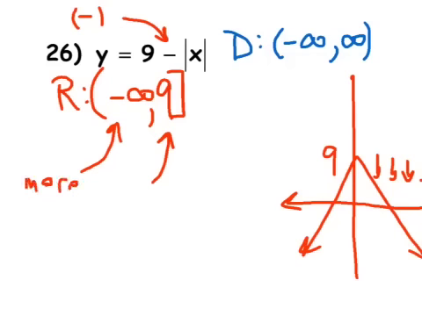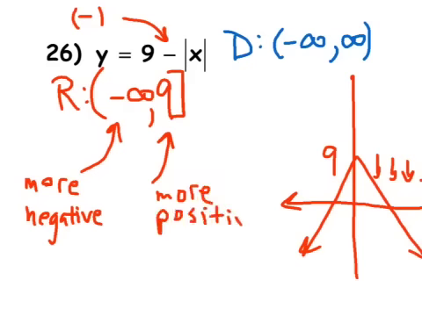Since the most positive number we can get is 9 for our range, that's going to be on the right side, and then the graph only gets smaller from there, so negative infinity on the left side. It's kind of an important little detail to keep track of.